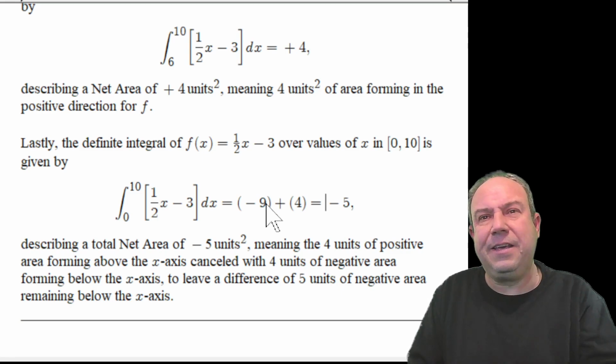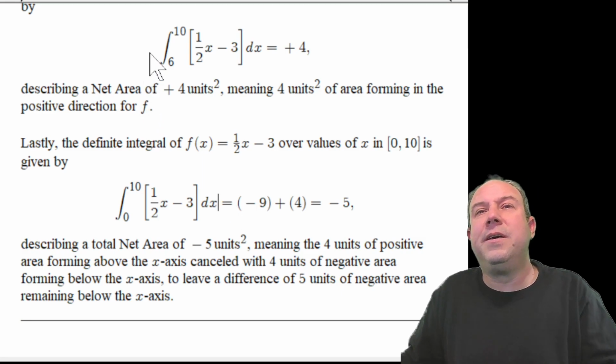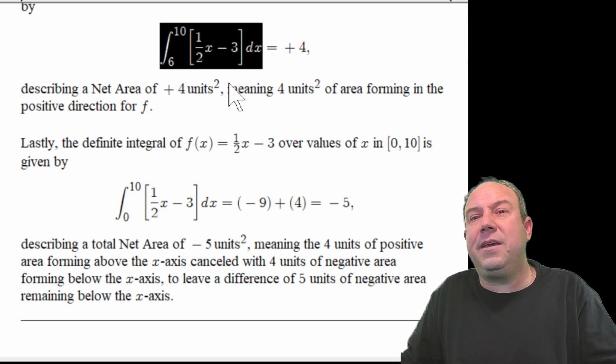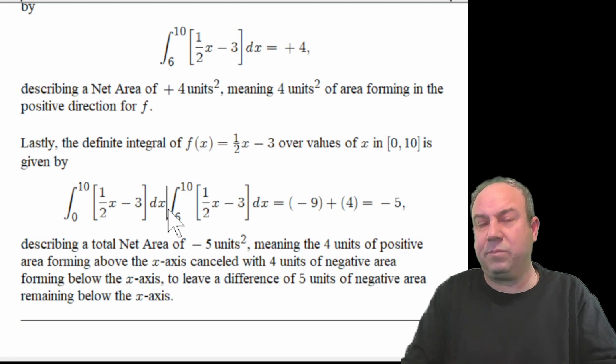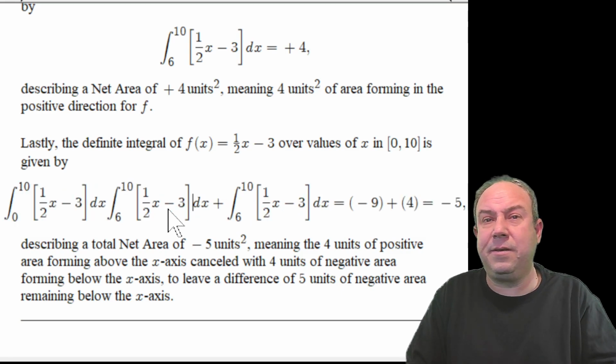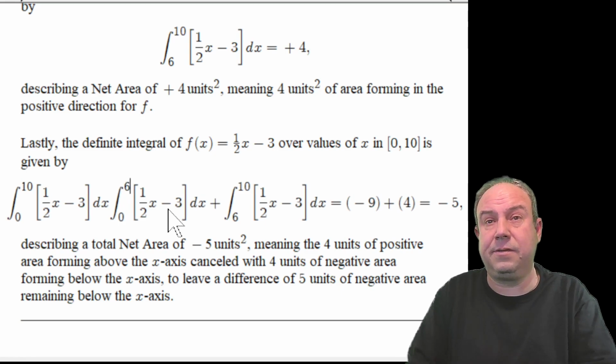Right? In a sense, we can think of this integrand from 0 to 10 as being the integral that happens from 6 to 10 being added to the integral that happens from 0 to 6.